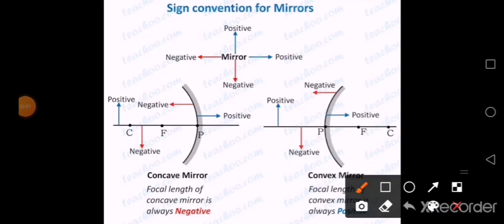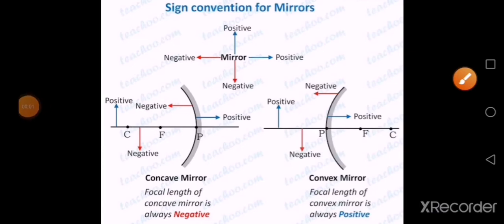Following these three rules, it is generalized that for a concave mirror, the focal length will always be negative, and for a convex mirror, the focal length will always be positive. So this sign convention you have to keep in mind for your numericals also, in which cases it will be negative and in which cases it will be positive.